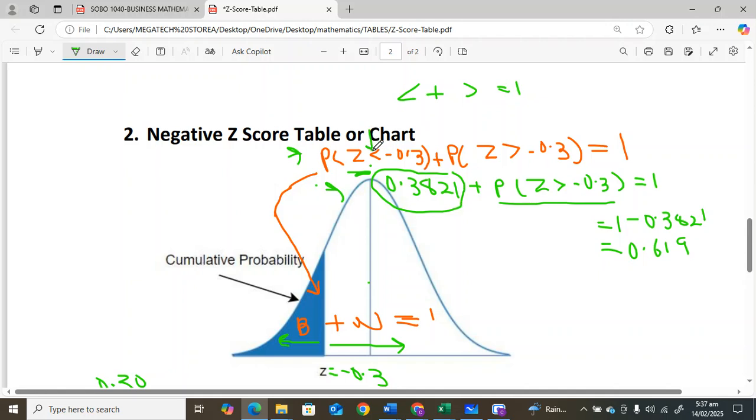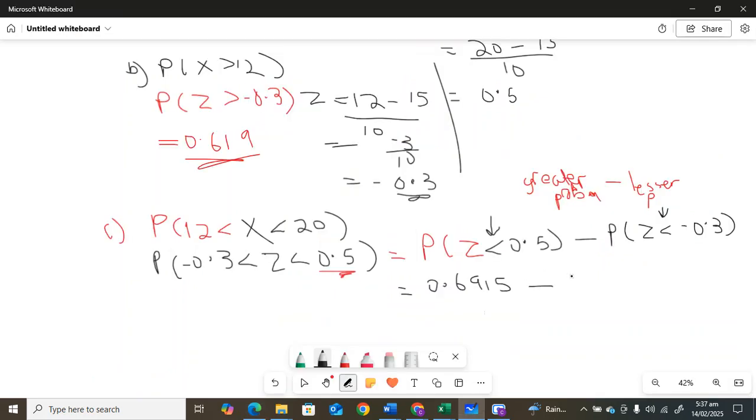Notice we're using this one with the less than sign, not the one with the greater than sign. Then you just subtract 0.6915 minus 0.3821.